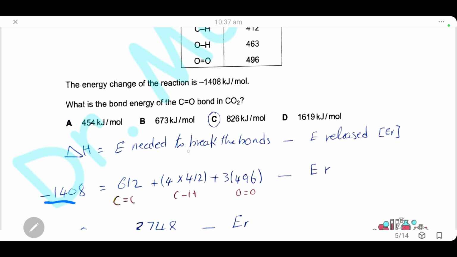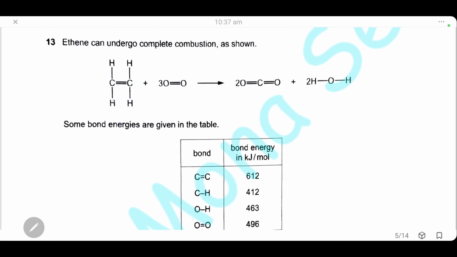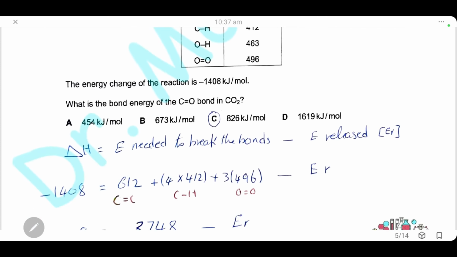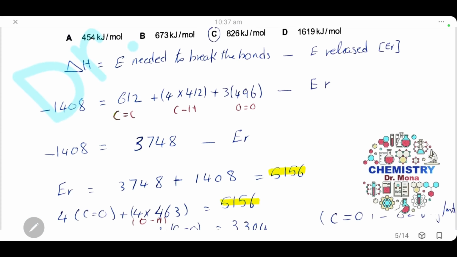and we calculate the energy needed to break the bonds. We have carbon double bond carbon, 4 carbon hydrogen, and 3 oxygen double bond oxygen. So these are the values of the energy needed to break the bonds. So we can easily know the energy released. The energy released will be this value plus this one, so it will be 5,156.